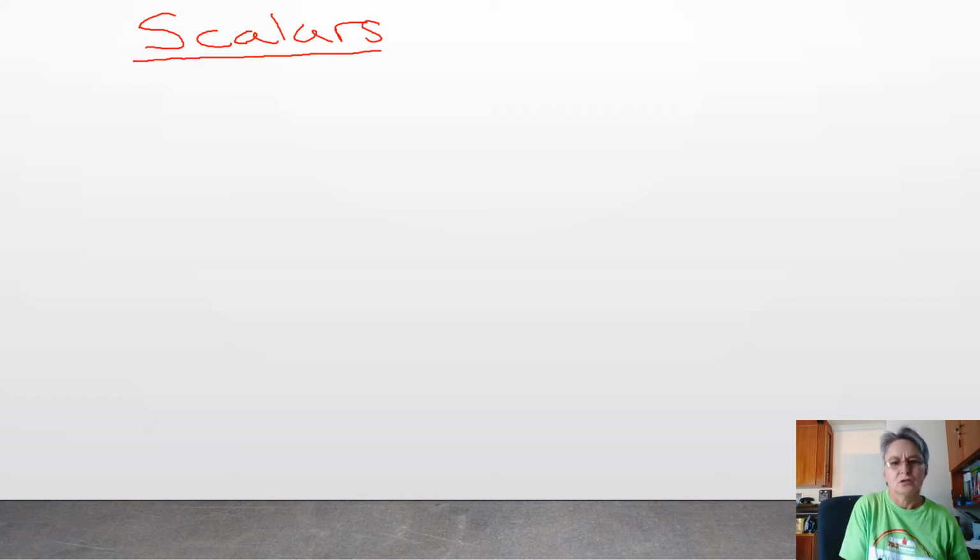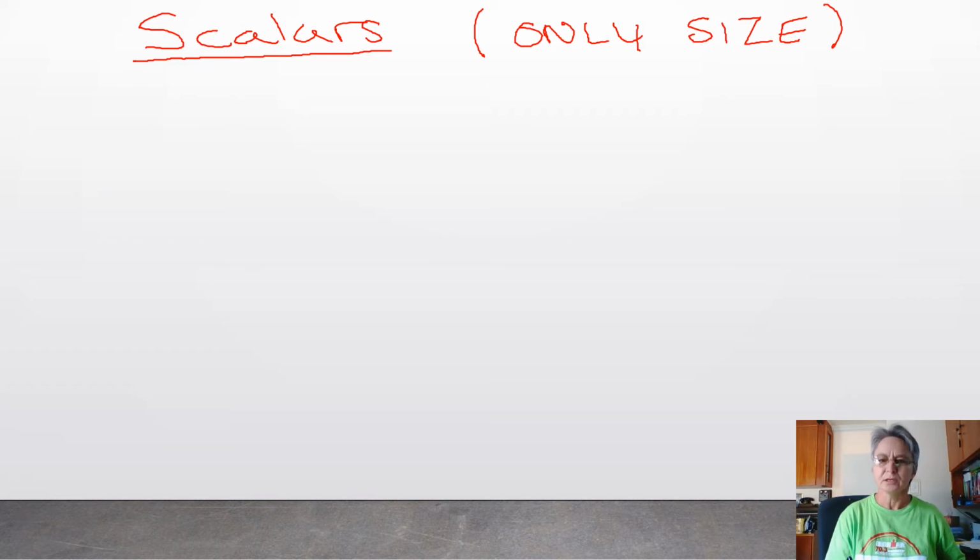Now, scalars are quantities with only size. If you want to use simple English, magnitude if you want to use the scientific English. Now, mass is the first one that they have given on page 192.